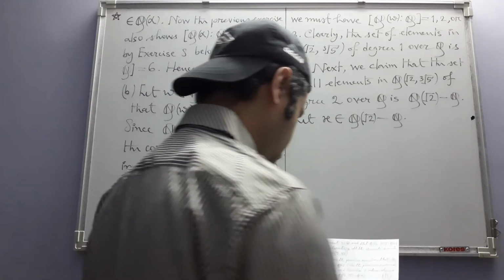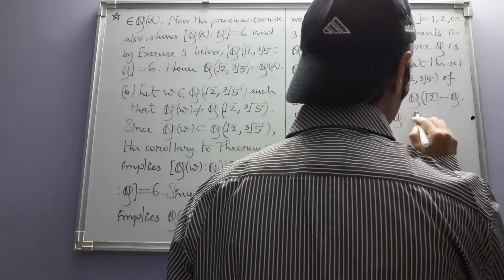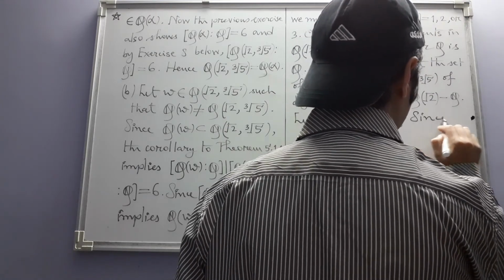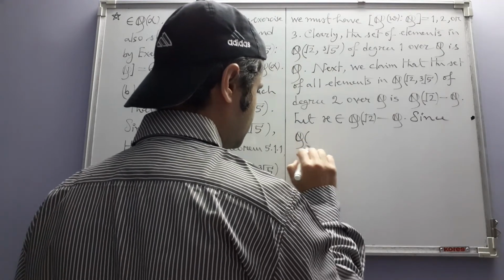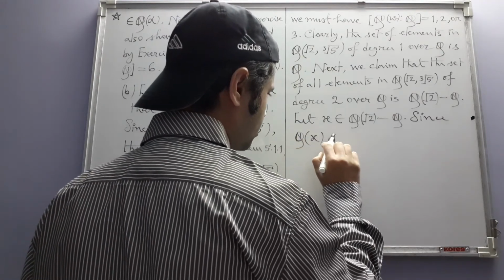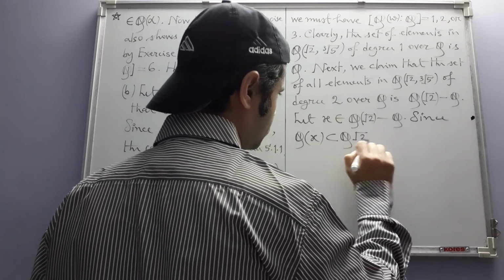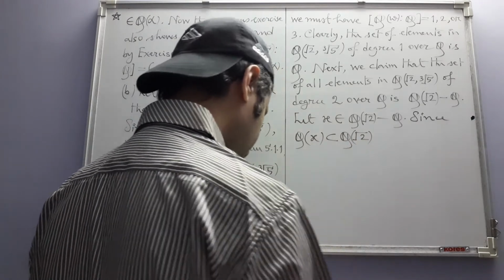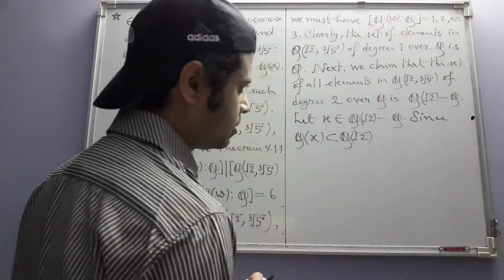Fine, whatever gets the job done is okay. Since this is contained in Q(root 2), its degree must either be 1 or 2.